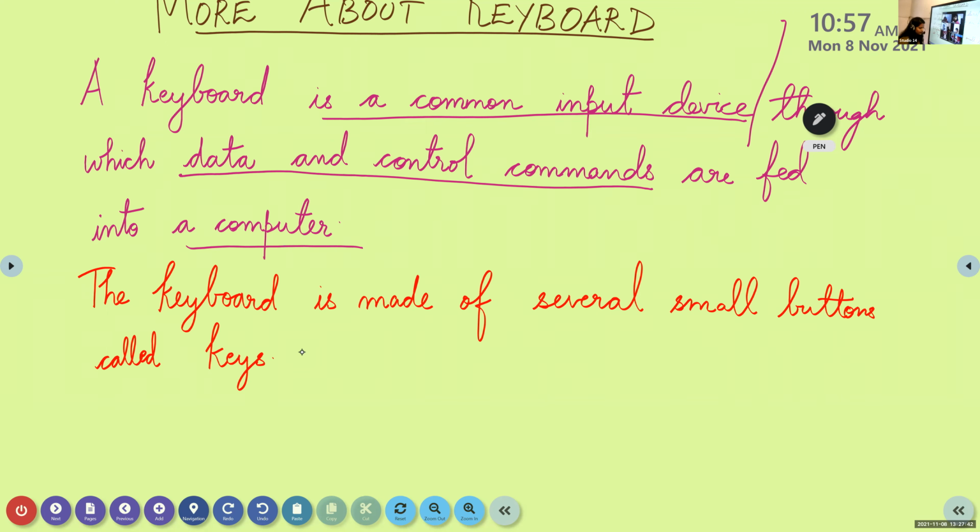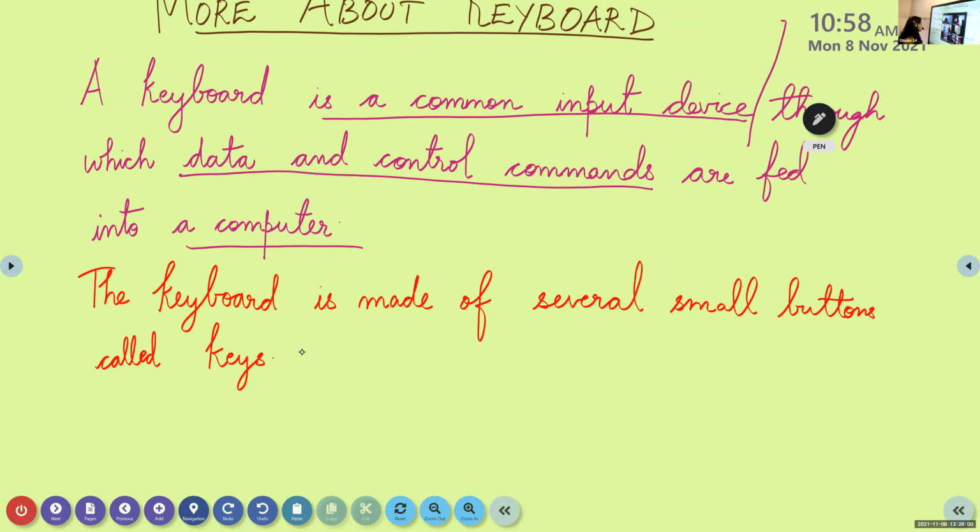All right. So we learned the definition and also a point about the keys. Now, in the whole chapter, we'll be learning about the different types of keys on the keyboard. Earlier we just learned an introduction to the keyboard.